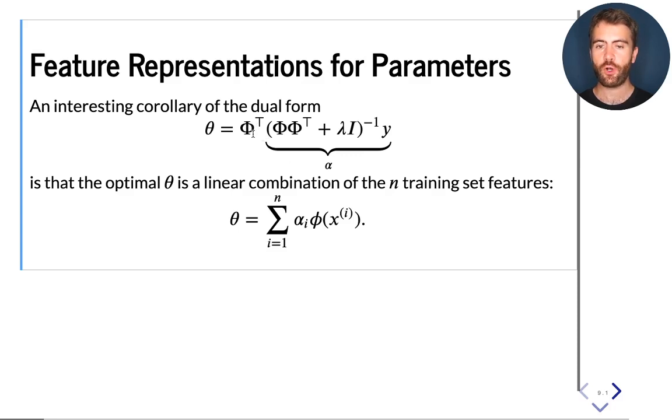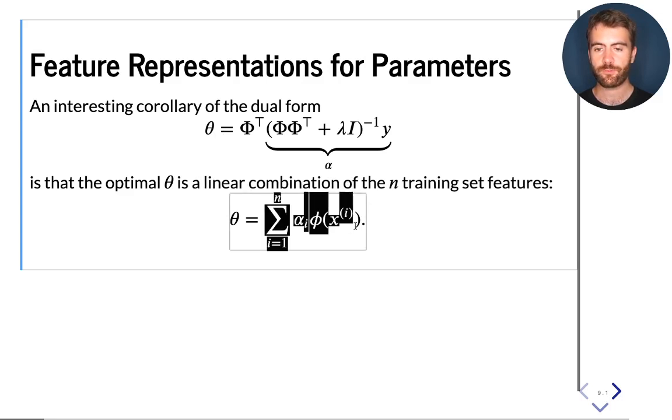And because each column in phi transpose is the featurization of the ith example, the ith column of phi transpose is simply the ith featurized example. When we multiply this by a vector alpha, we're simply summing the columns with these weights alpha i. And now the form for theta is going to be as follows.